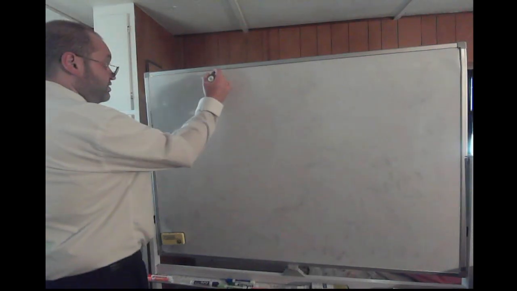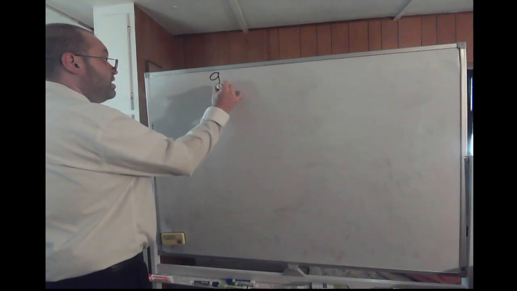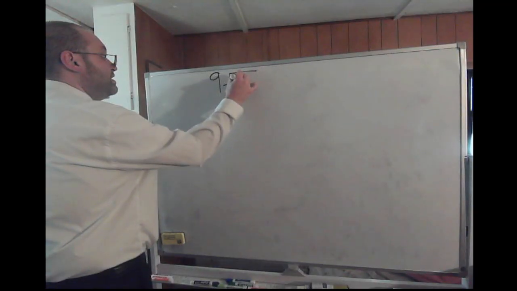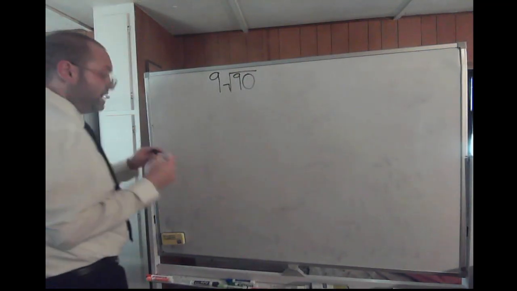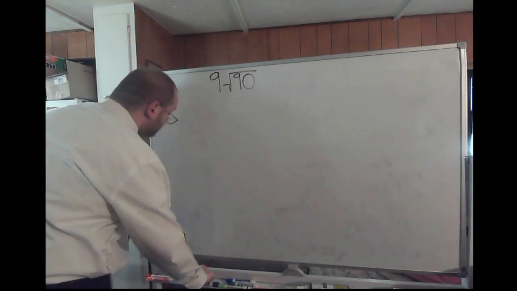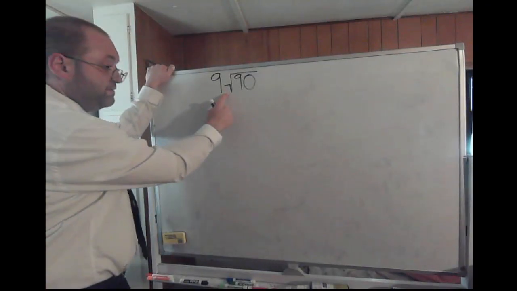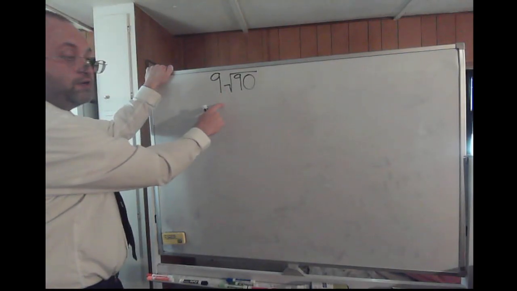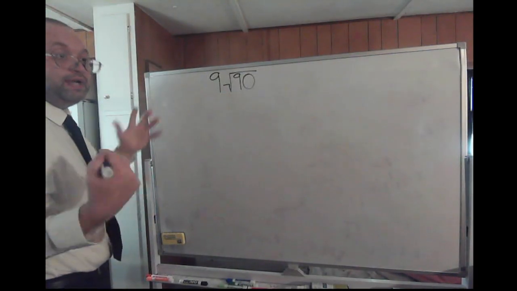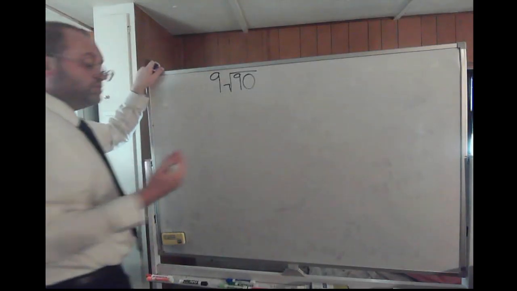Okay. Now here's a new term for you. What if I had something like 9 times the square root of 90? So this just changed. We have a coefficient on the square root. We have 9 times the square root of 90. How are we going to do that?